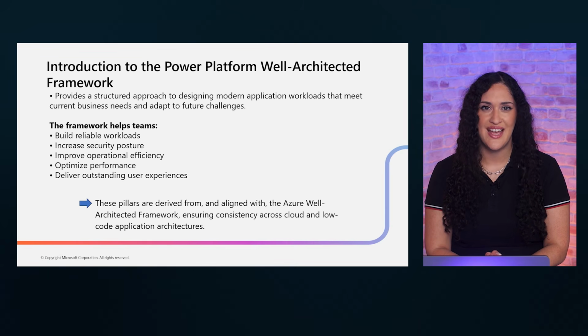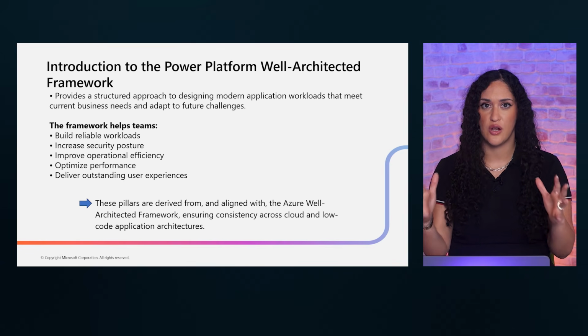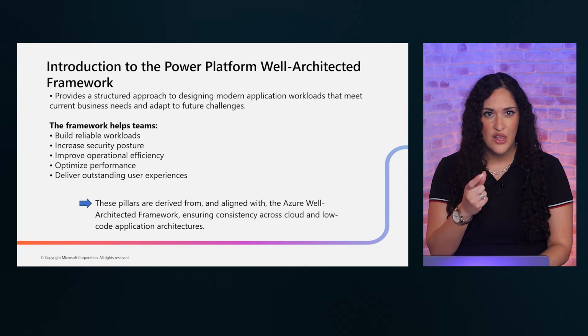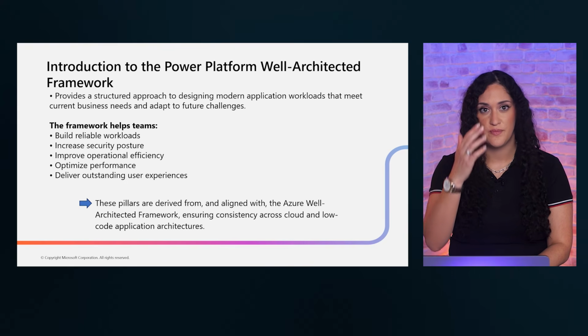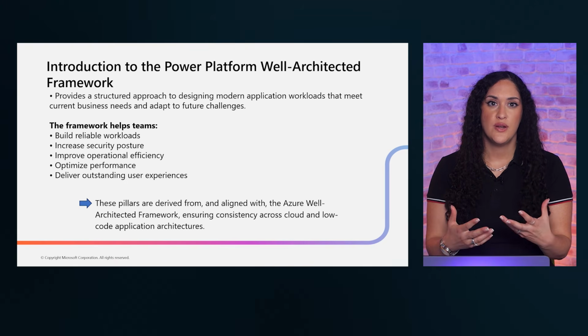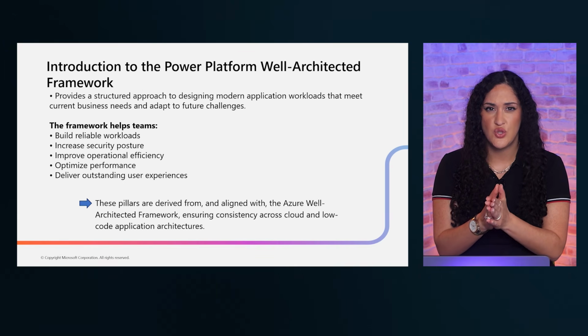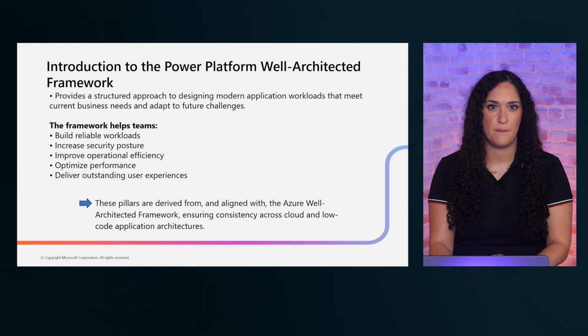This framework is aligned with the Azure well-architected framework, so the principles translate across your entire technology stack. This isn't just a checklist, it is a lens for evaluating every design decision. When you add AI components to Power Platform solutions, each pillar has specific implications you need to address deliberately.